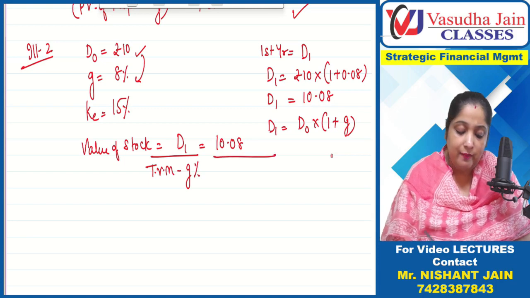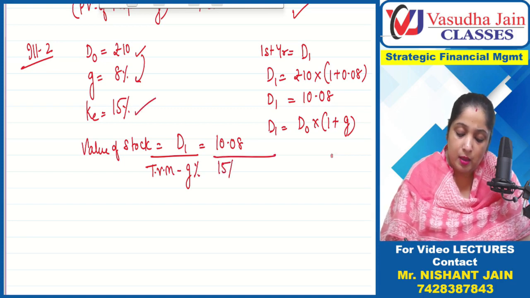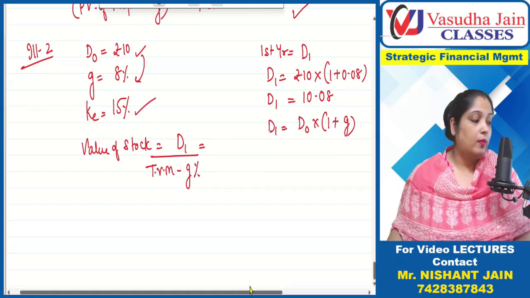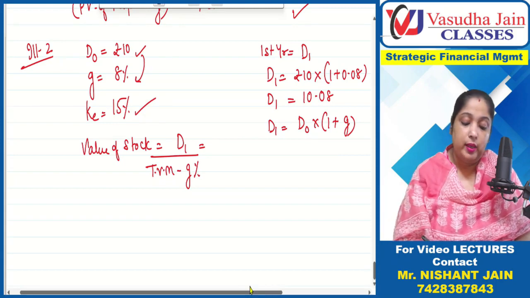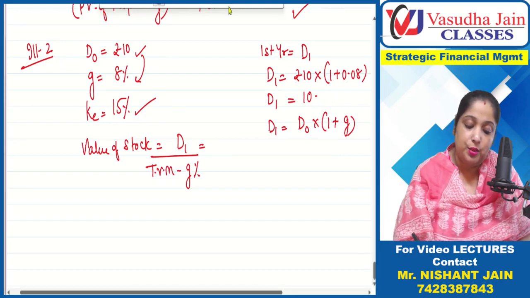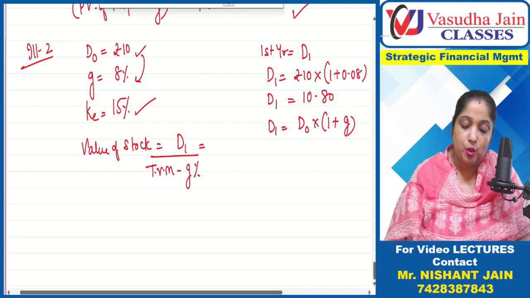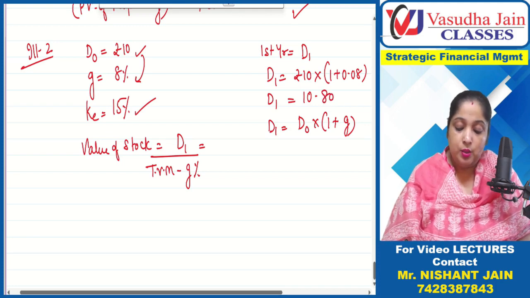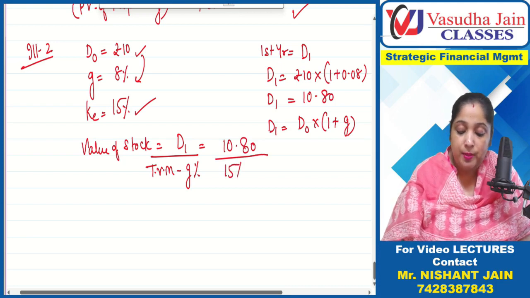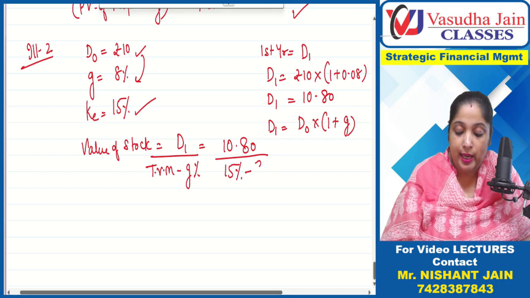Same thing I will do here. Time value of money is 15% minus 8%. Just a little correction, this is 10.80. So here it is going to be 10.80 divided by the return the investor wants, 15%, minus the growth rate, 8%.